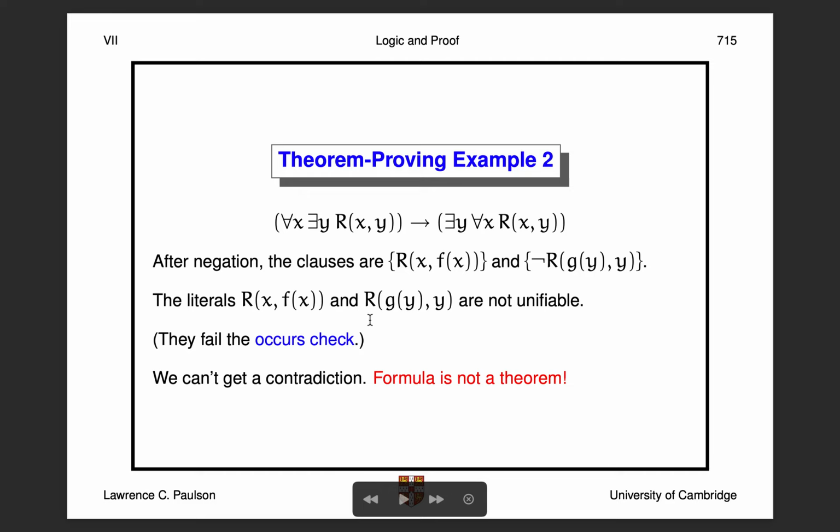With the second occurrence of R, it is the first argument, g(y), which is bigger than the second argument, which is only y. So we can see that they're not going to be unifiable, and if you try, you will get an occurs check very quickly. Again, it's a good exercise to try that. Therefore, there is no common instance of these two formulas, and therefore there will be no contradiction found. This formula isn't a theorem.